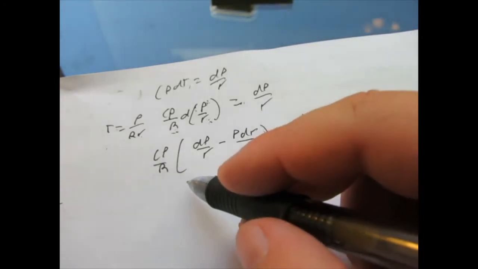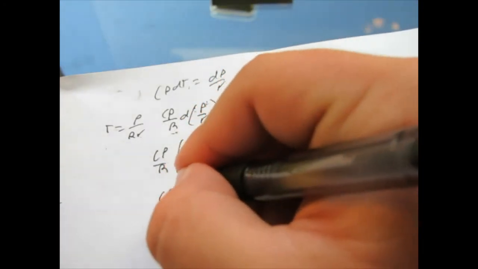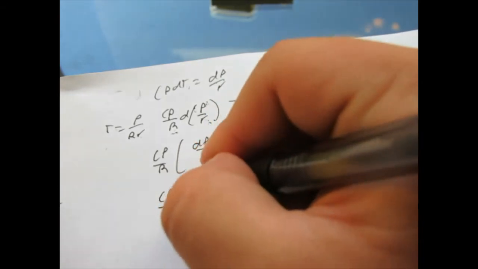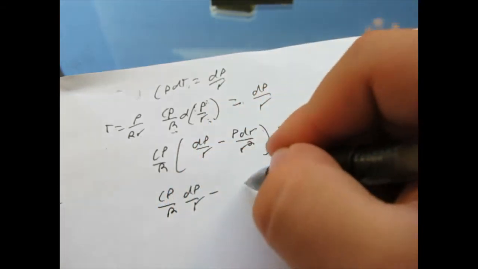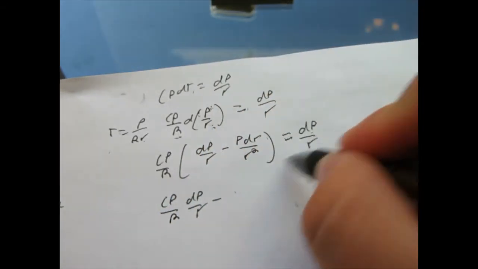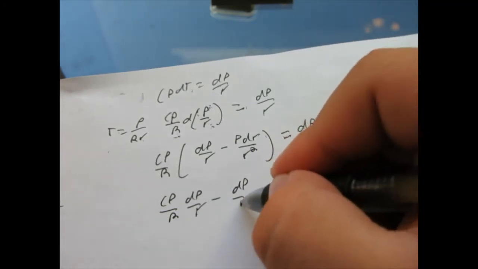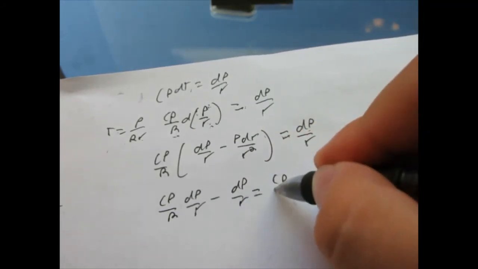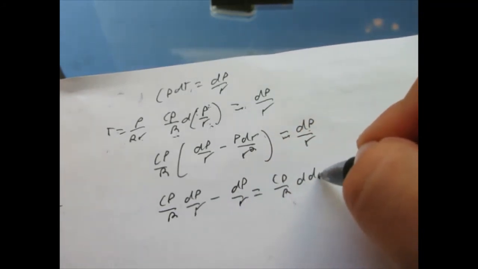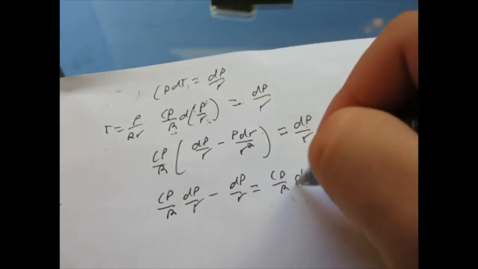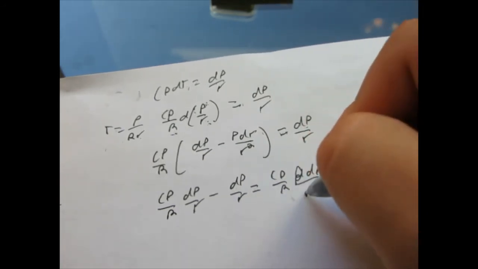Moving on. So now we're going to combine some terms here. P divided by rho, dP over rho, minus, then we're going to bring over this dP, equals Cp over R d rho, or no, P, my bad, P d rho divided by rho squared.